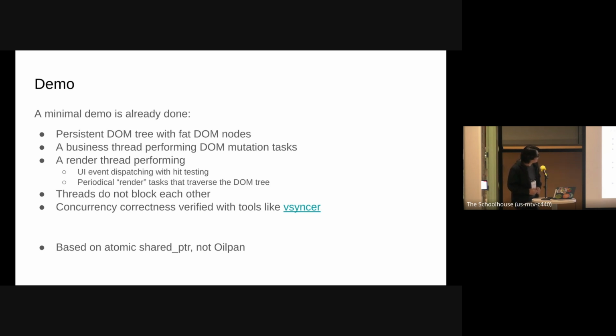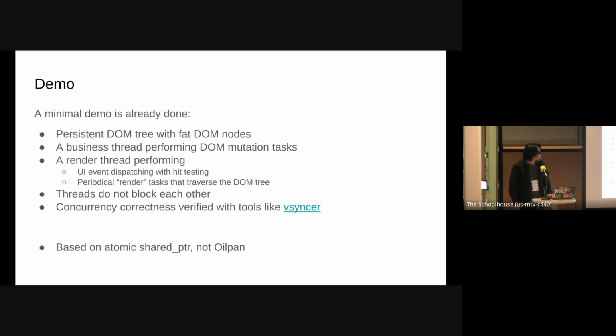And also, we have some homegrown concurrency verification tools, so we verified the demo with the verification tools, and it seems to be correct. But one last thing is it's currently based on atomic shared pointers, not RLPAN, because RLPAN currently doesn't quite support this kind of concurrency, which we will talk about later.